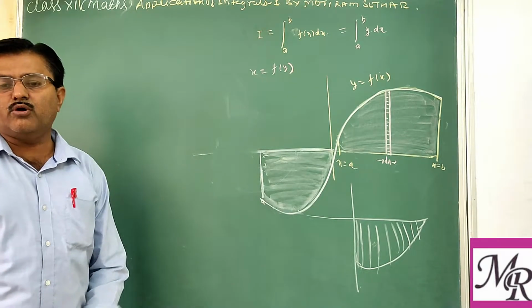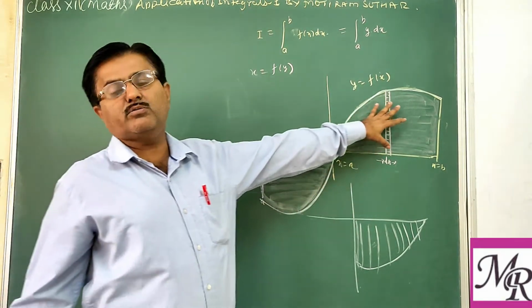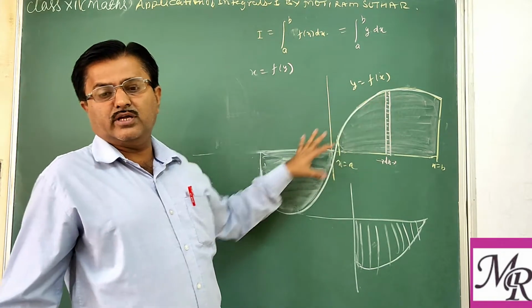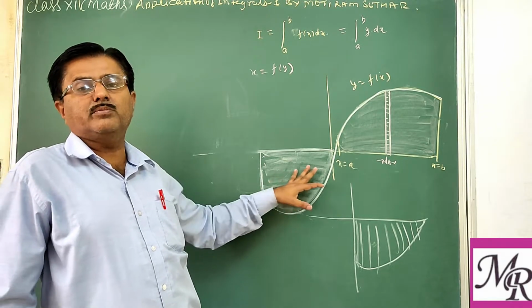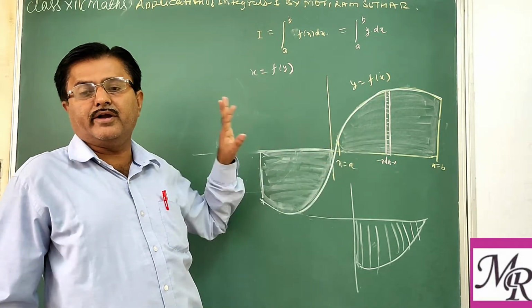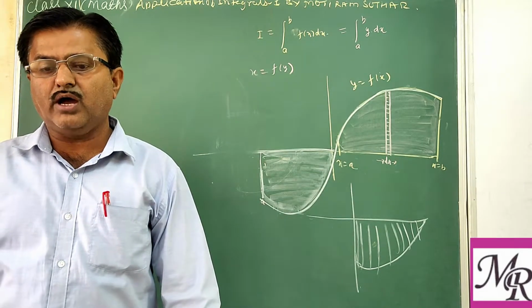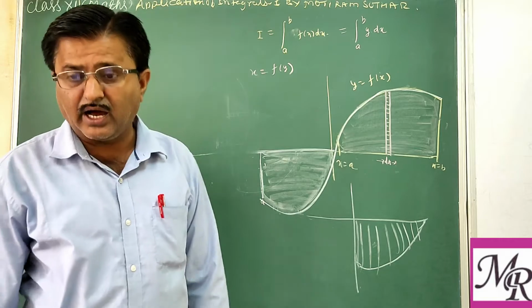Again you have to take the modulus of this region, minus 50 suppose, and this is plus 50 square units. This is already positive, and this you have to convert into positive. So minus 50 converts into plus 50. 50 plus 50, 100 square units. So these are the very easy things we have to take care of while calculating the area.